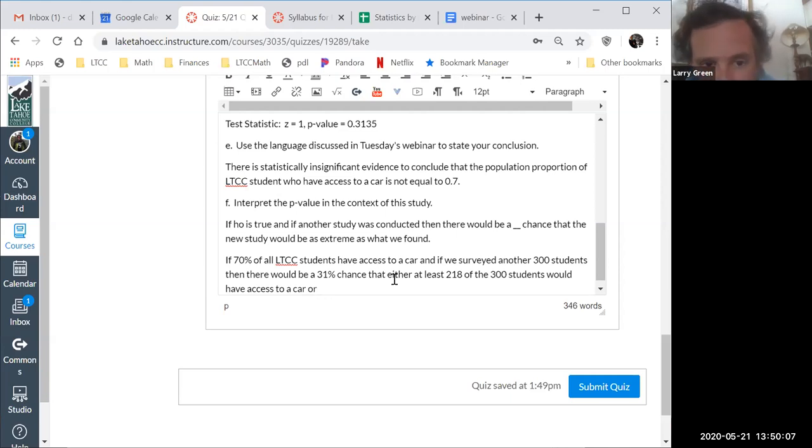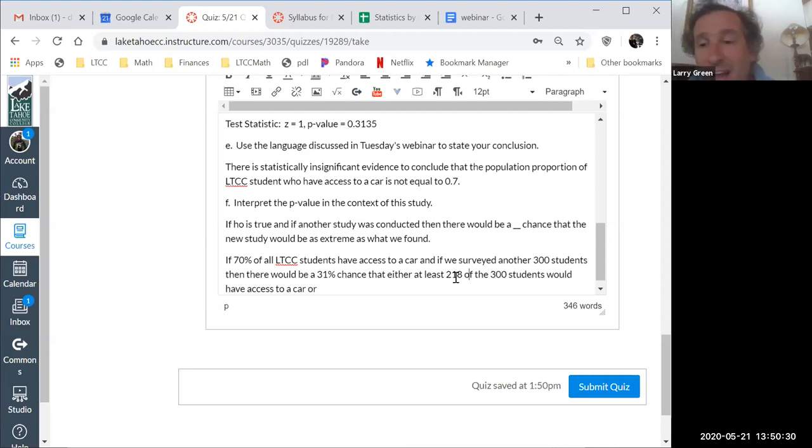Notice, actually, it's always a good idea to check. 218 out of 300 is over 70%, because 210 over 300 is 70%, because 3 times 7 is 21. That's how I got that, by the way.